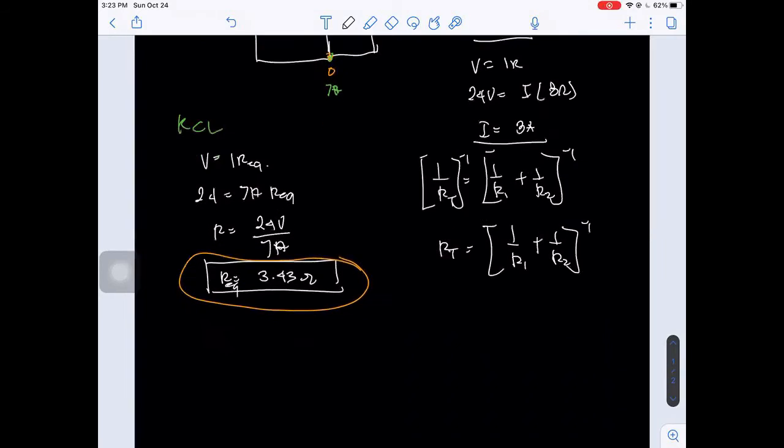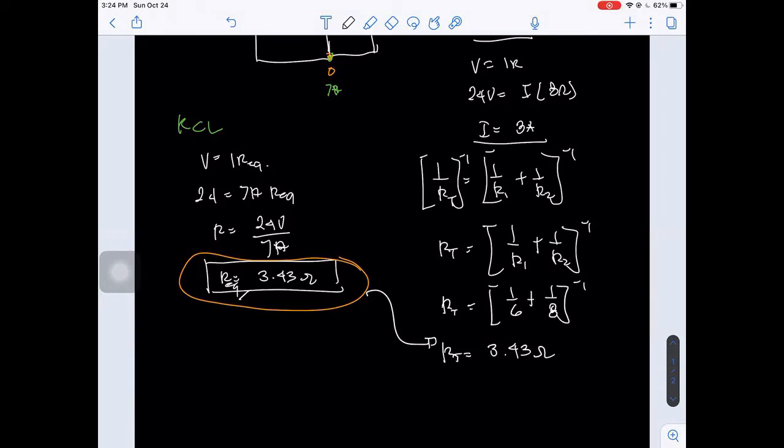This is another way to solve for the total resistance RT, or REQ. So we have (1/6 + 1/8)^-1, and as you use the calculator, this is equivalent to 3.43 ohms. So they are equal.